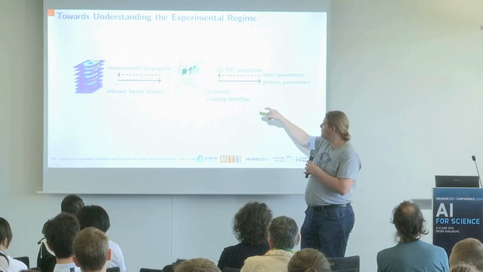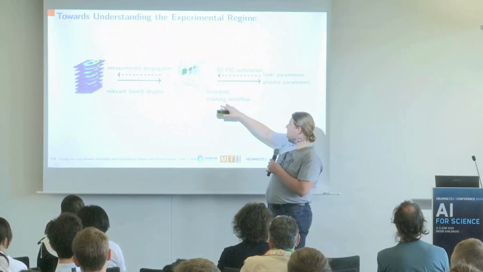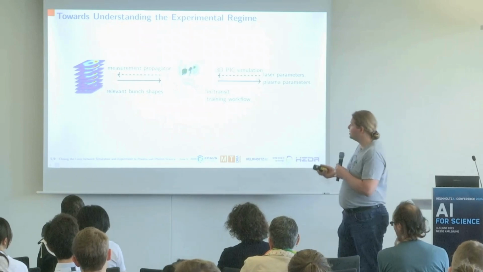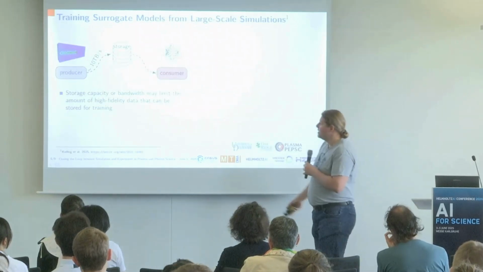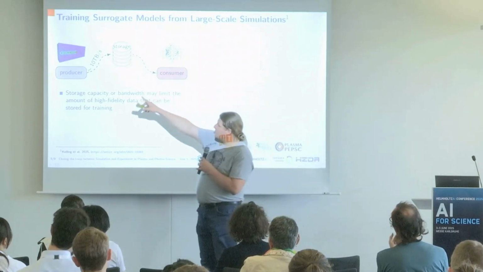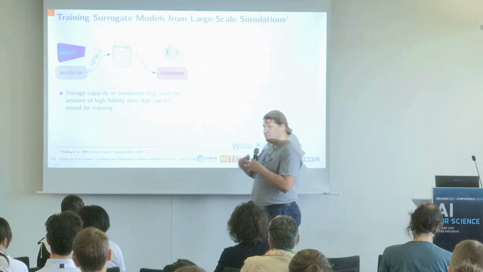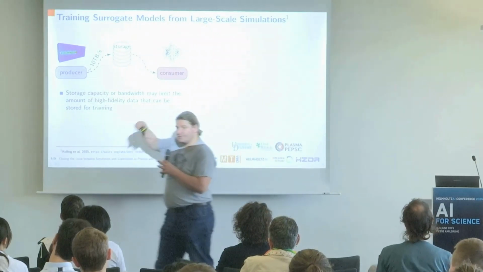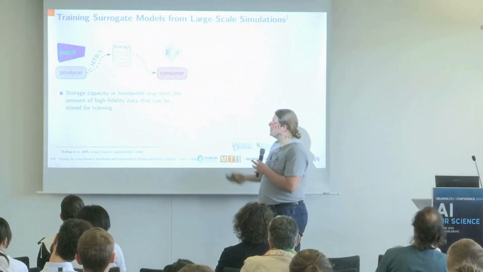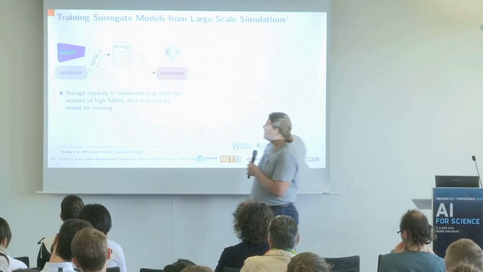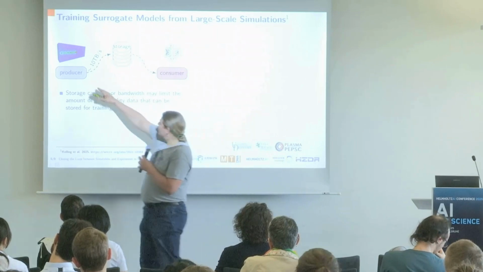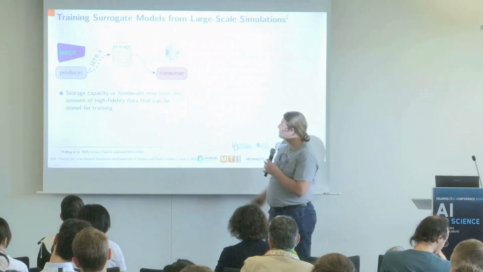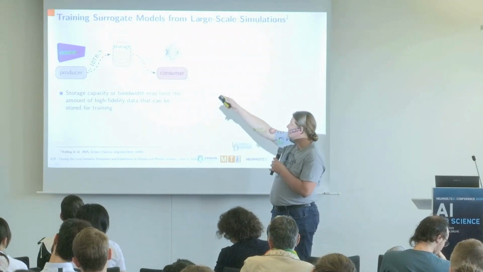I want to talk about one step that we did here, which is setting up a workflow for in-transit training on these large simulations. Why in-transit training? Because these simulations can produce a lot of data, and if we want to produce a high-fidelity surrogate model of these things and learn the distributions of shapes and electron density coming out of there, we can't necessarily store all the training data on disk, due to bandwidth and storage limitations.